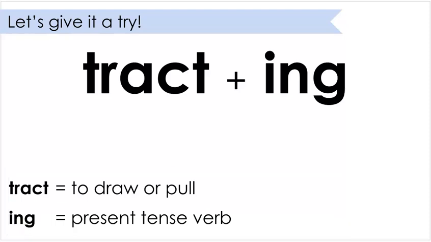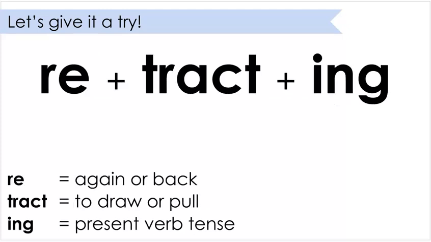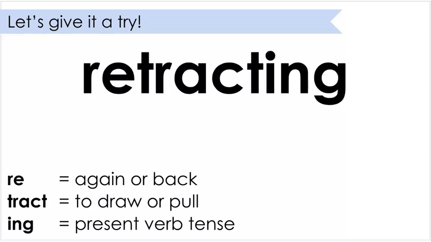Now, again, like tracted, it's not a real word if I put tracting, but I am going to bring back, again, one of our prefixes from Lesson 1. We have the prefix re, which means again or back. If I add these three, re, again or back, tract, to draw or pull, ing, present verb tense, what's my new word? Retracting, that's correct. And what might that word mean?